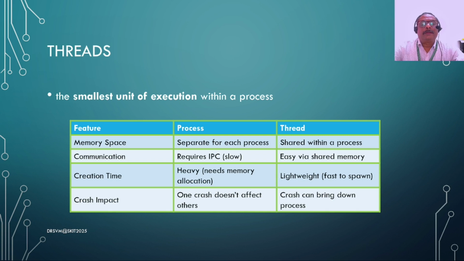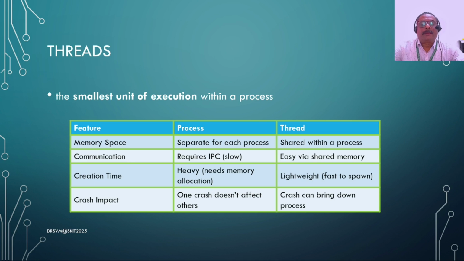For communicating among processes, we require IPC, inter-process communication, which is very slow, but threads within a process can communicate very easily via shared memory, because all the threads within a process share the same memory space. Therefore, a simple shared memory concept can be applied here, and it becomes easy and fast also.